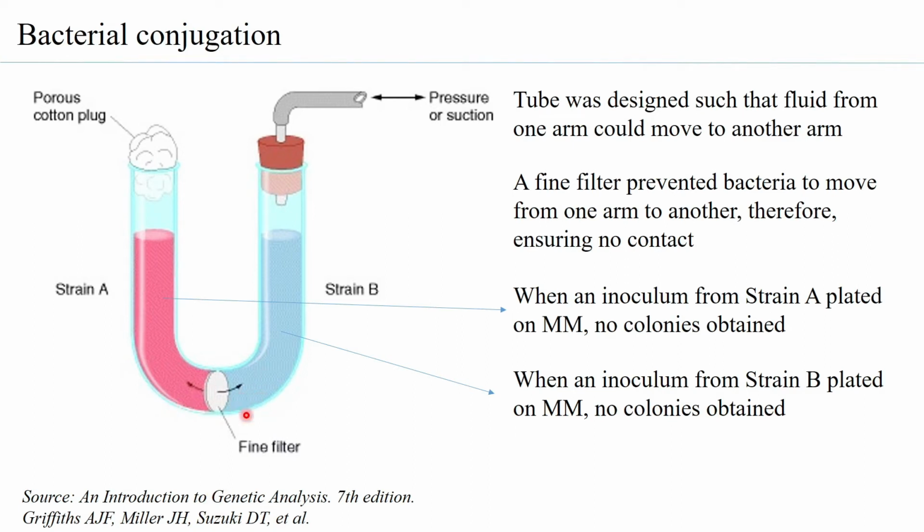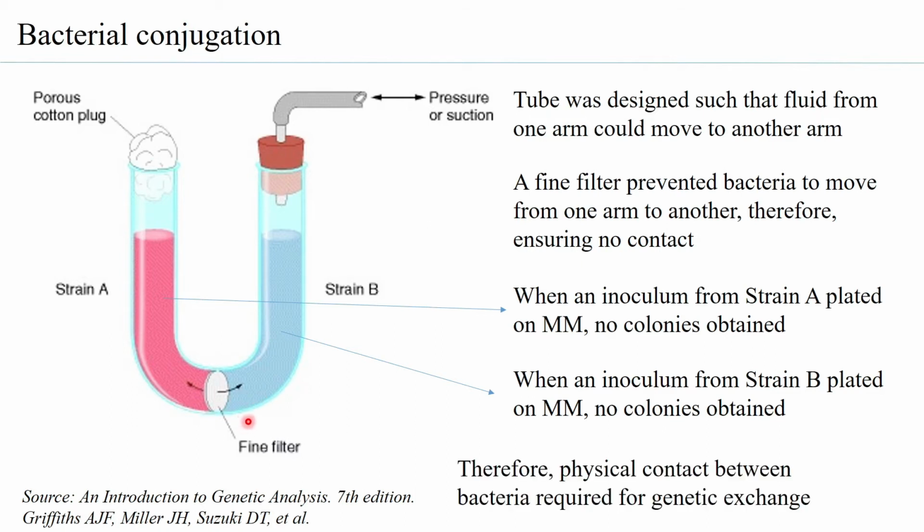And since there is no contact, is there genetic recombination? What was observed is that genetic exchange did not happen because of the presence of this fine filter. In other words, the presence of this barrier does not allow strain A to interact with strain B, which means that contact between strain A and strain B is important for recombination to happen.